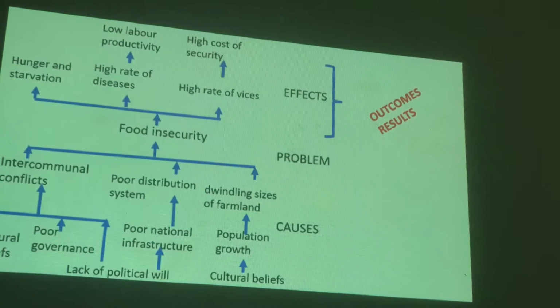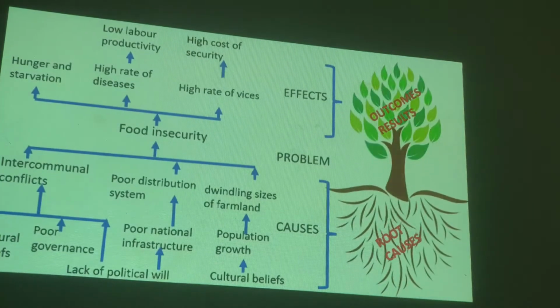The effects are the outcomes or the results. The causes are the root causes, and then we have our tree, the roots, and outcomes, the fruits that we see, and the problem becomes the trunk. So this is a pictorial representation of a problem tree, analyzing a problem through problem tree analysis.